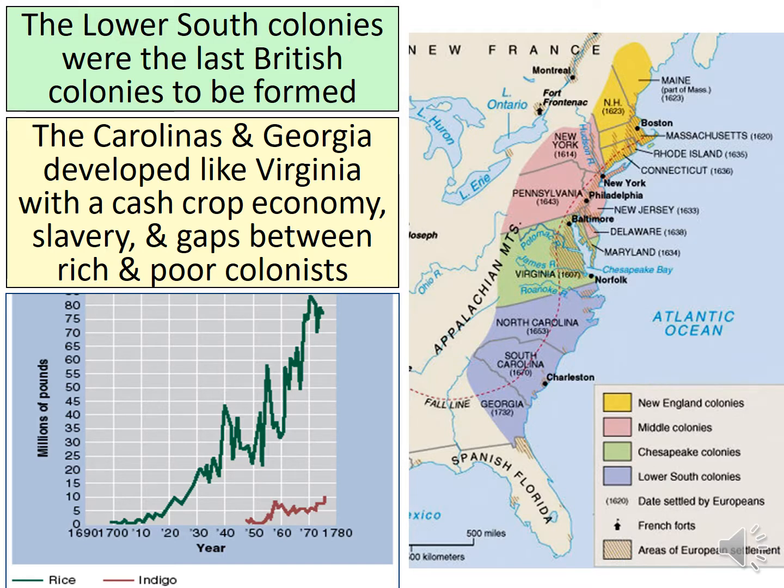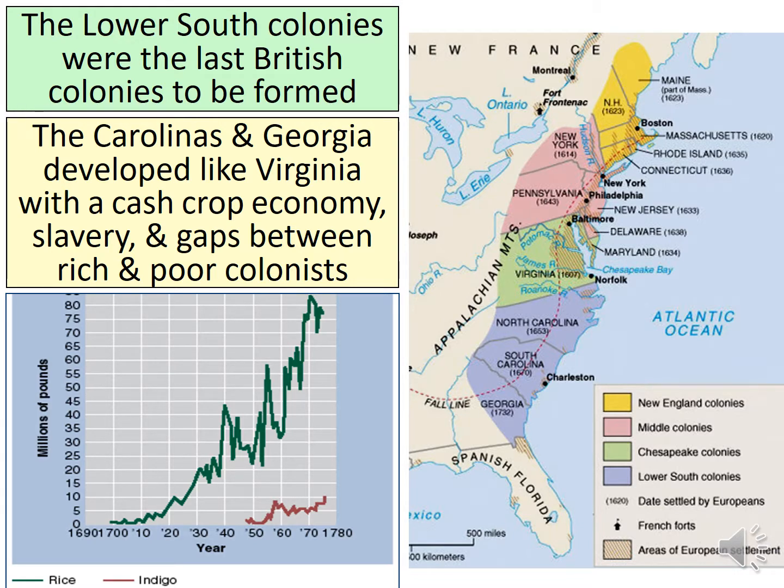So I said that prior to 1729, we can think of it as the Carolinas, right? And that's quite a ways after Virginia settled, a long time after Virginia settled. Virginia settled in the early 1600s, so when we're talking about 1729, we're talking about 100 years or more after that.